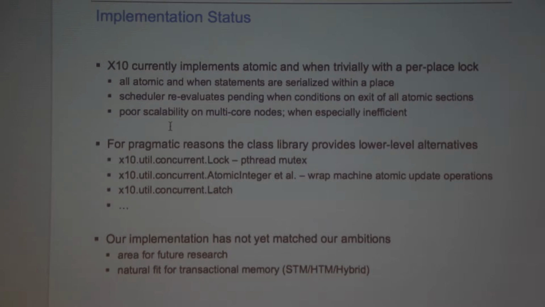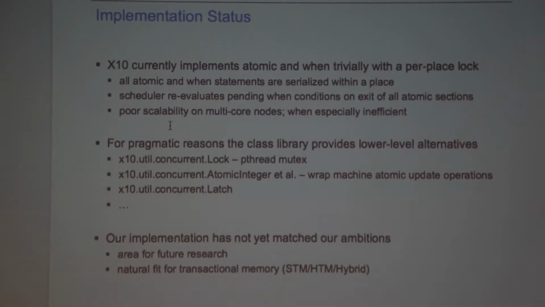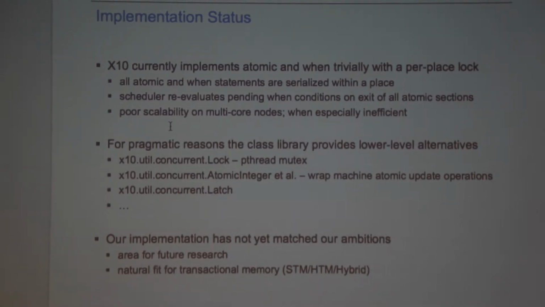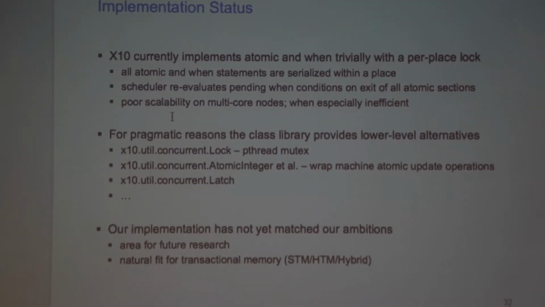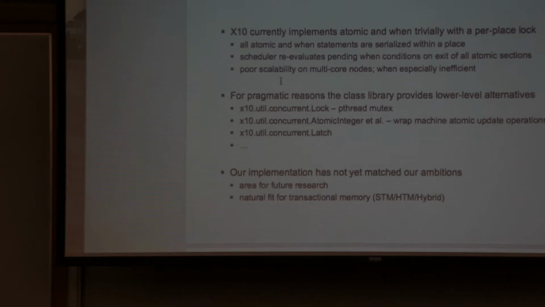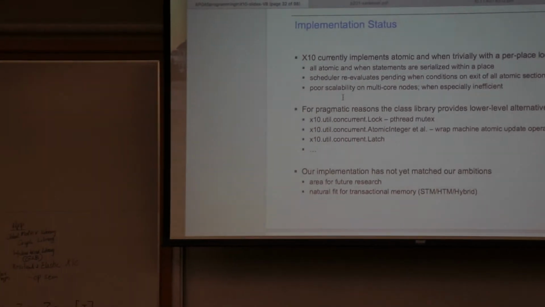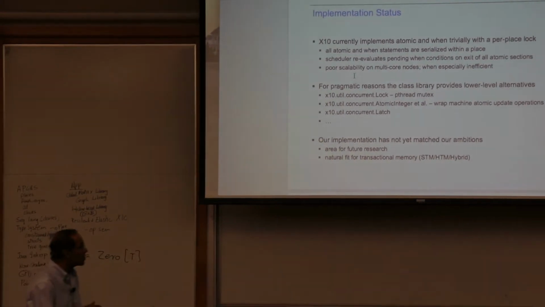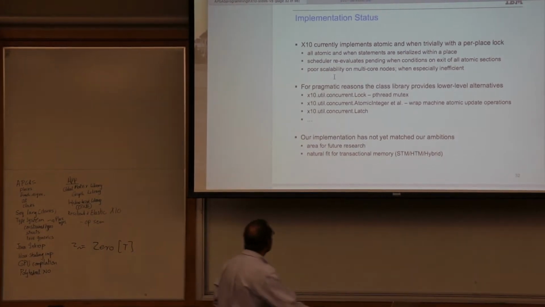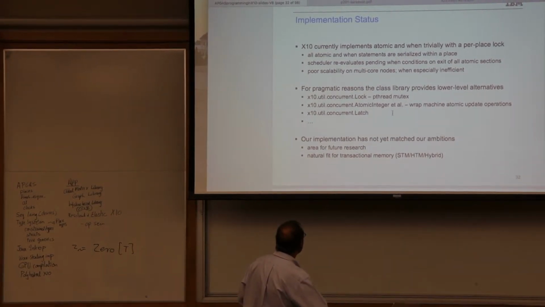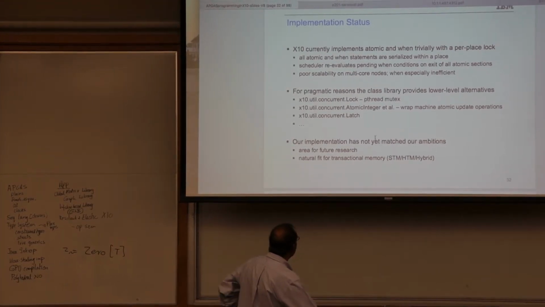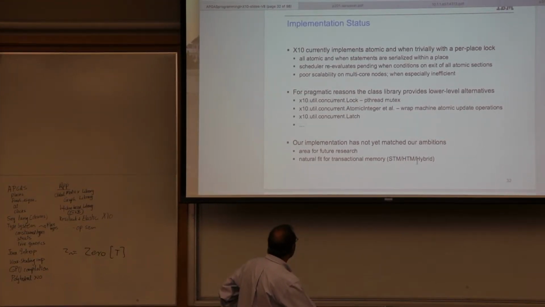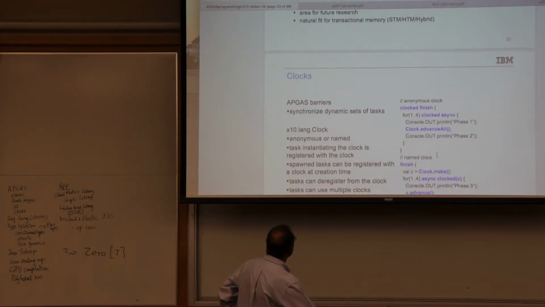So you can do something like your own scoped atomic and when on your own collection of activities, and we have code in the standard libraries that shows you how you can do that sort of thing. Then, of course, there are implementations of atomic machine operations for updating integers and so on. We have not integrated with STMs.